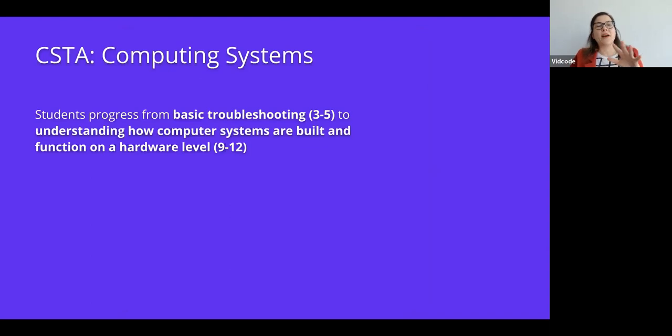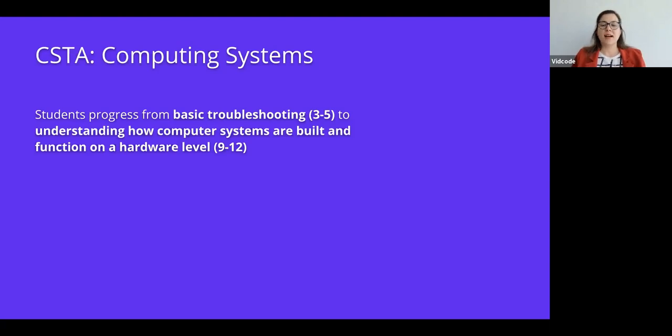And so, at a higher level, here is how the CSTA frames a lot of this, starting with computing systems. They look at it from an elementary school level all the way to a high school level, starting with basic troubleshooting that could be in a visual block programming language, like Scratch for elementary grades 3 through 5, and then understanding how computer systems are built and function on a hardware level.